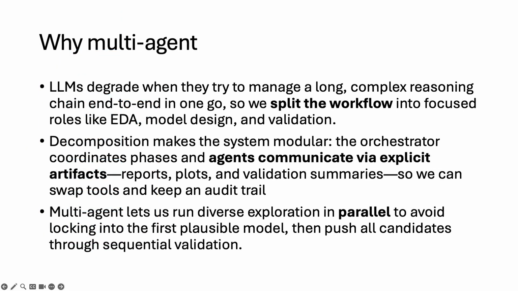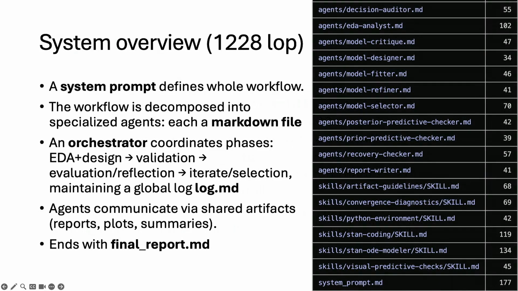Why is it multi-agent? Basically, because it doesn't work if you just ask it to do Bayesian workflow in one prompt. You've got to break it down into multiple prompts, and I don't have time to really elaborate that. It works much better if you break it down into prompts. This is the program, right? This is all the code that we've written, as it were, that defines the Bayesian workflow, and it's a bunch of markdown files.